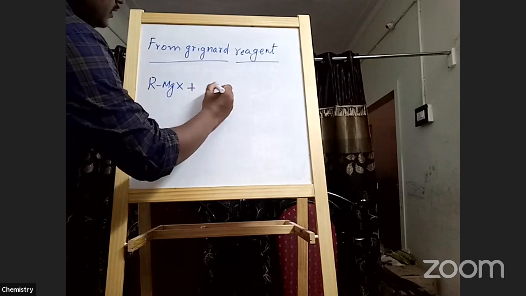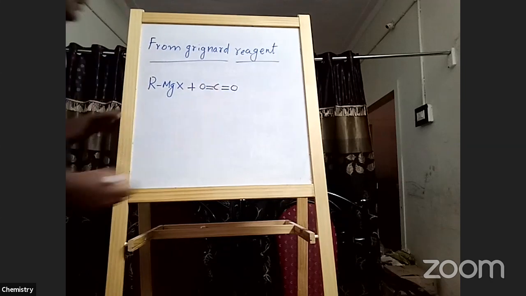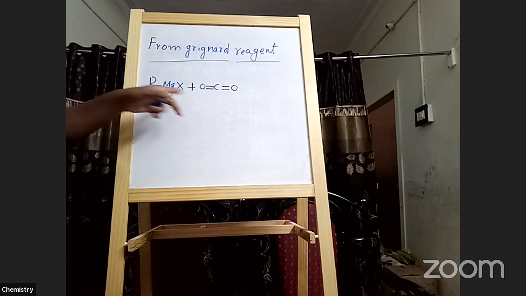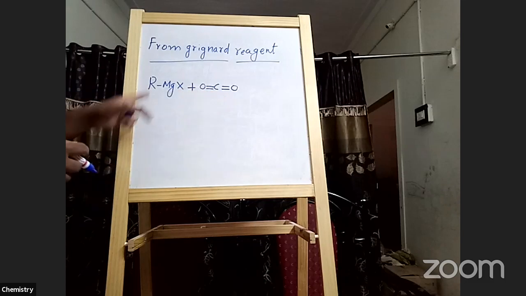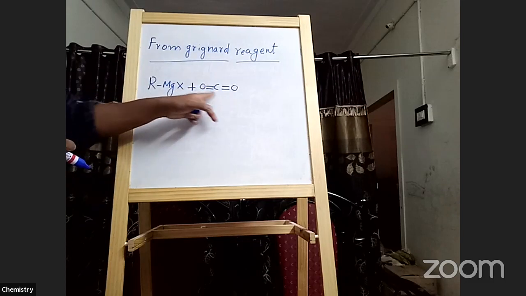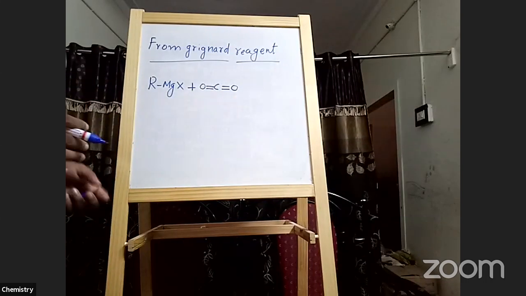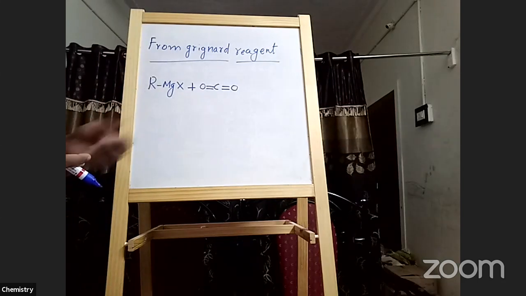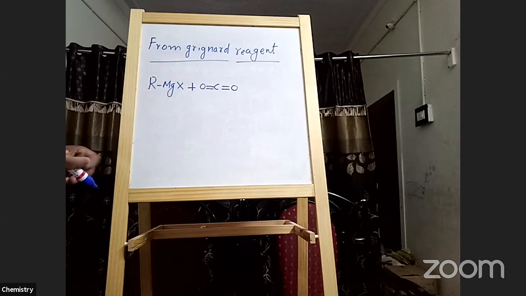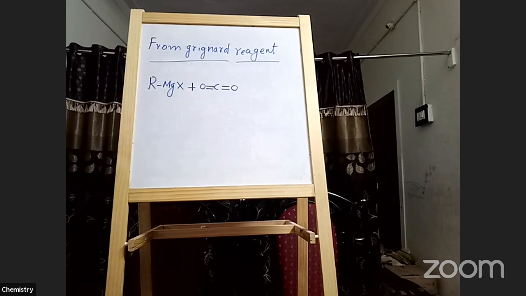RMgX is reacting with carbon dioxide, which has oxygen on both sides. We know how RMgX reacts with carbon dioxide: one alkyl group adds to the carbon and MgX adds to the oxygen. The alkyl group adds to the positive charge, and MgX adds to the negative charge because the metal takes the positive charge. So the alkyl group adds to the carbon atom and MgX adds to the oxygen atom.